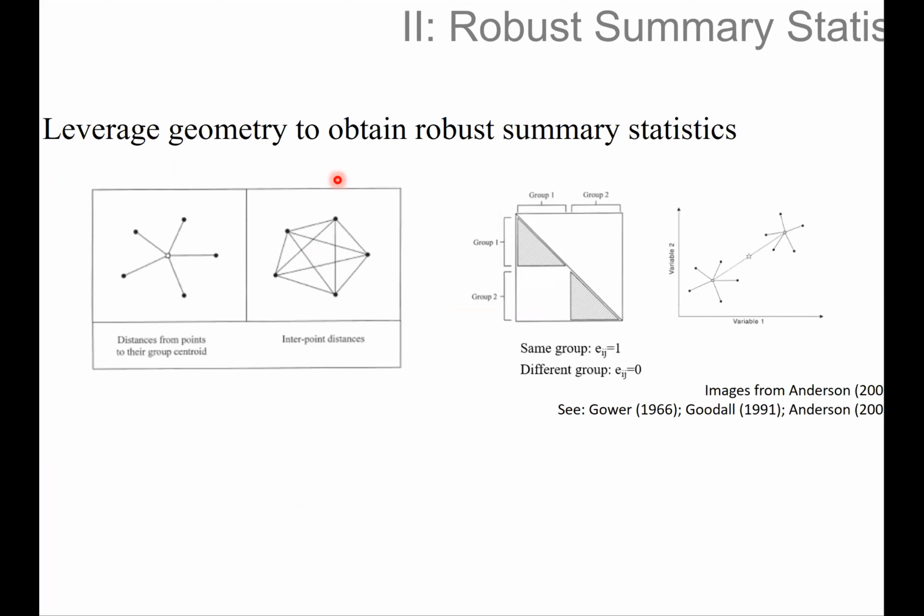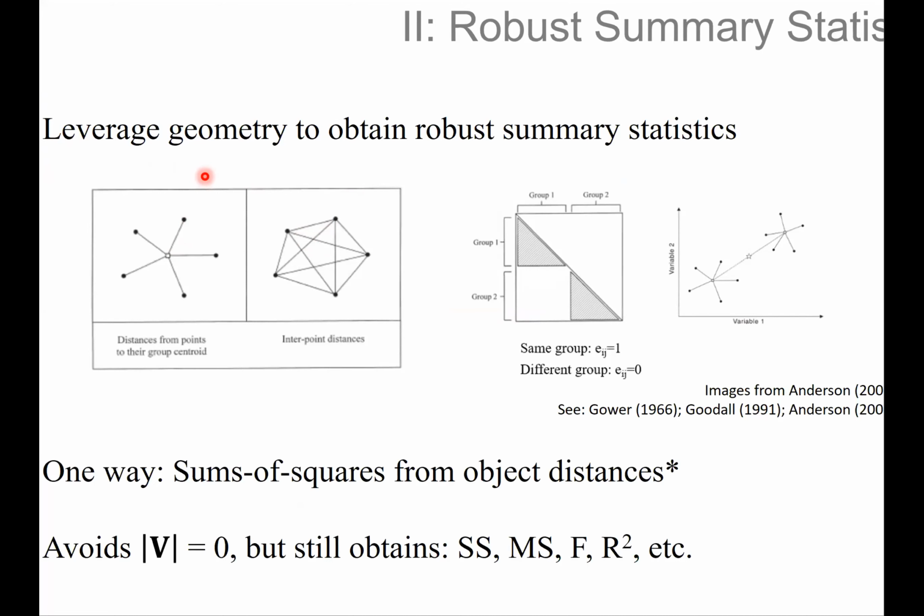It turns out that the distances amongst the objects can be used to obtain the sums of squares based on the group centroids. In other words, there's a relationship between the distances amongst objects and the covariance that's obtained in the data set. And so we can calculate sums of squares using distances.